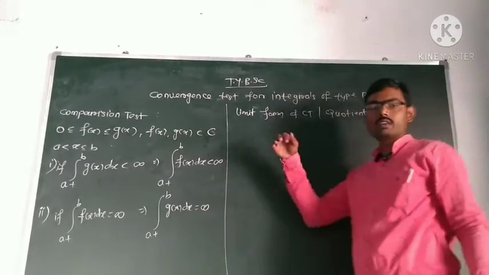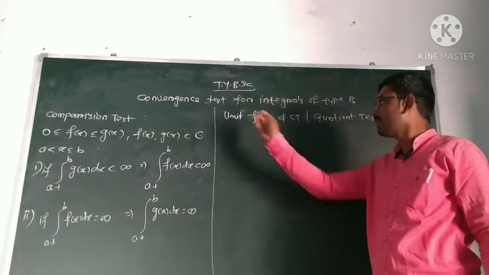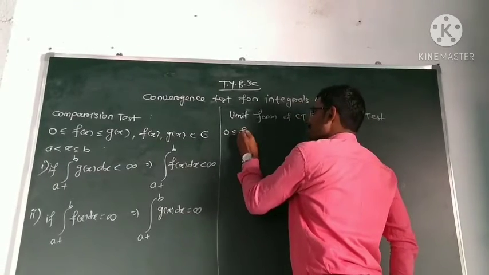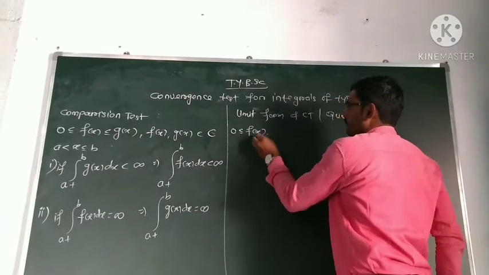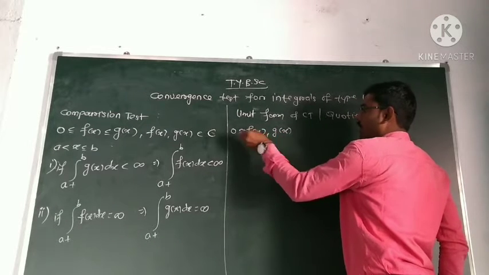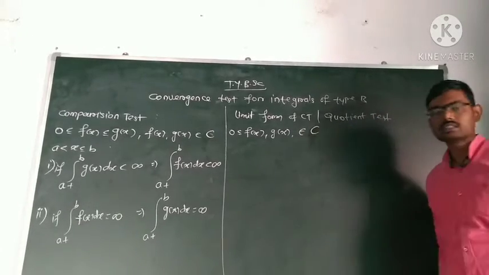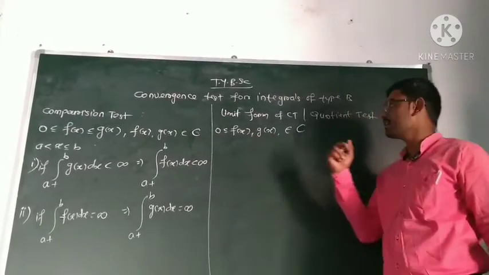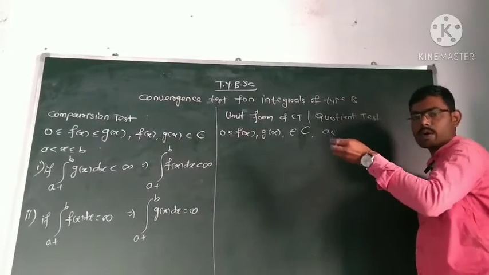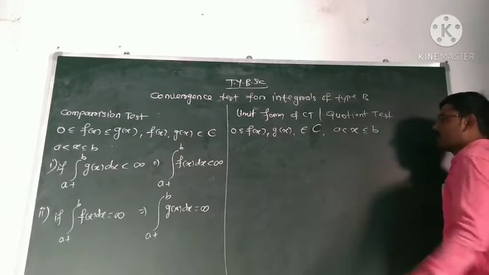Again, the statement of this test for type A is very much similar to type B. Suppose there are two non-negative functions, f and g, and both belong to the class of continuous functions. That is, both functions are non-negative and continuous. There is a point a, which is a singular point for functions f and g, and x is greater than a and less than or equal to b.